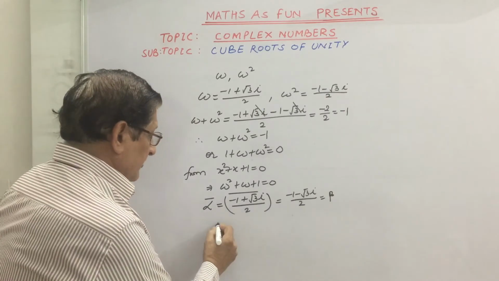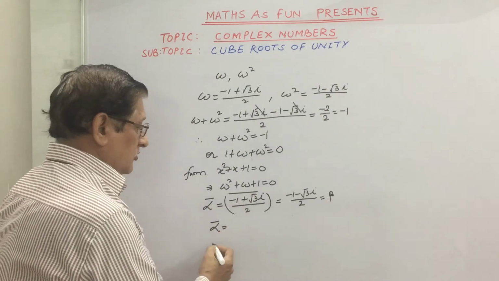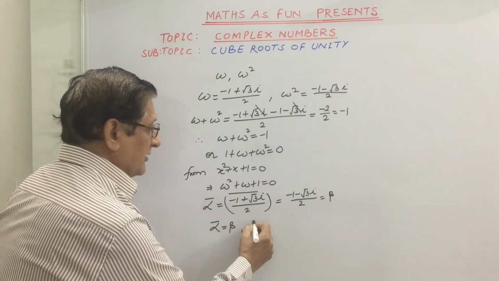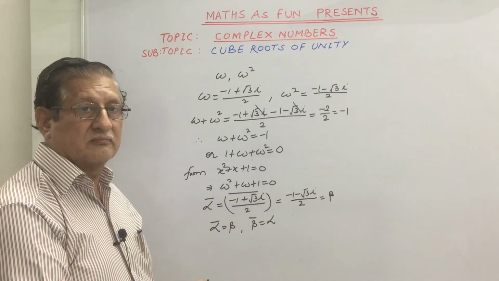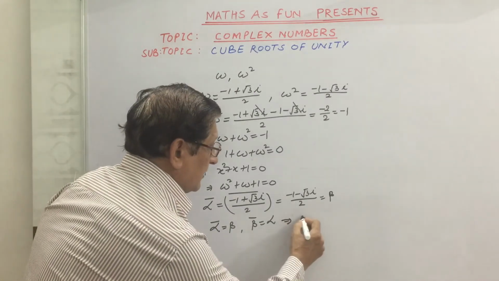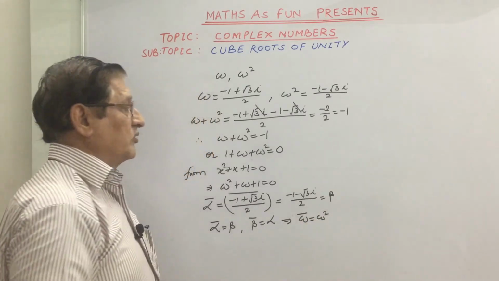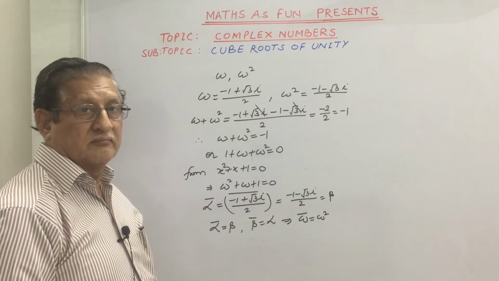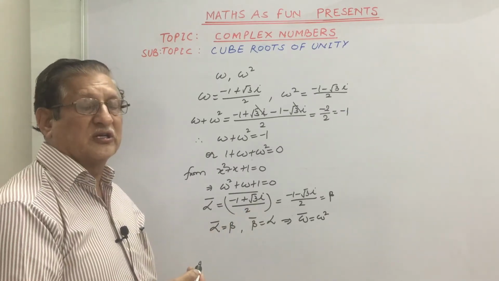So we also find one property here, that alpha conjugate is equal to beta and the conjugate of beta is equal to alpha. They are conjugates of each other. This we can also say that the conjugate of omega is omega square. So anywhere we apply these properties, we can find the value of any of the expression.